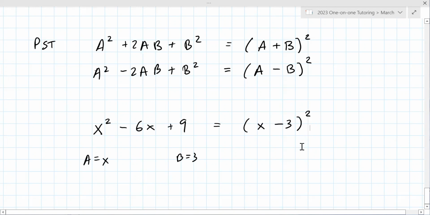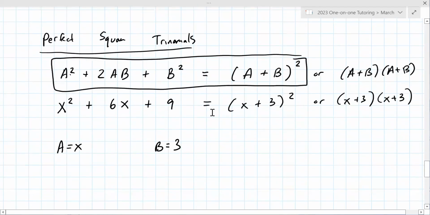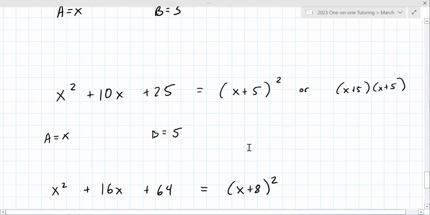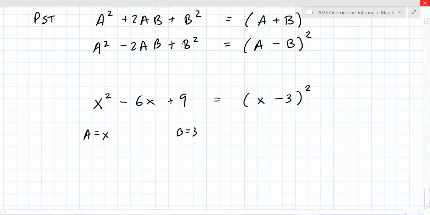That was one of the very first problems we did in our lesson today. And notice it's really similar to this one, x squared plus 6x plus 9. The only difference is the plus versus the minus. So you have to be on the lookout for that.